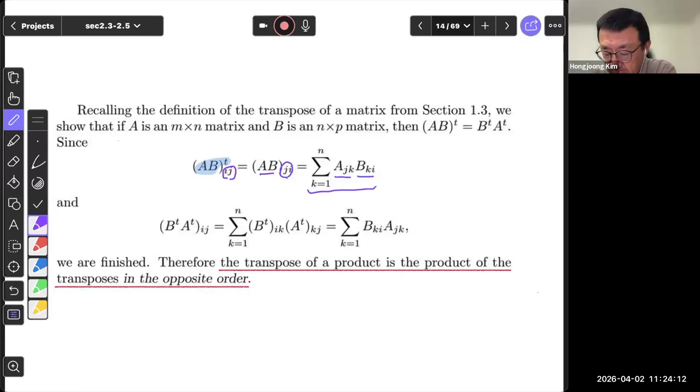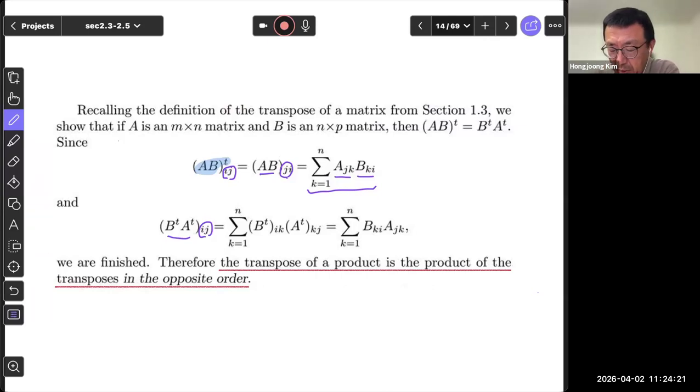Now let me consider the ith row, jth column entry of this product. And please remember, if A times B can be defined, in other words, if A has n columns and B has n rows, then B transpose will be a p by n matrix and A transpose will be an n by m matrix. So the number of columns of the first matrix and the number of rows of the second matrix match, and we can define B transpose times A transpose.